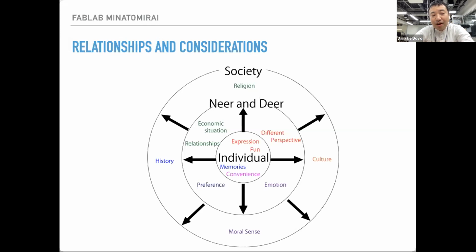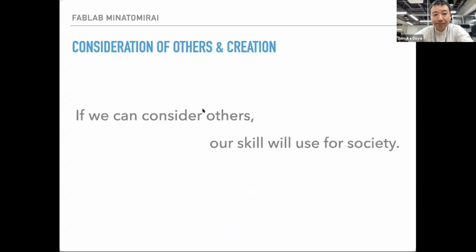And more, if I make for society, I have to consider religion and history and culture and moral sense. So there are many things to consider. So if we can consider others, our skill will be used for society.